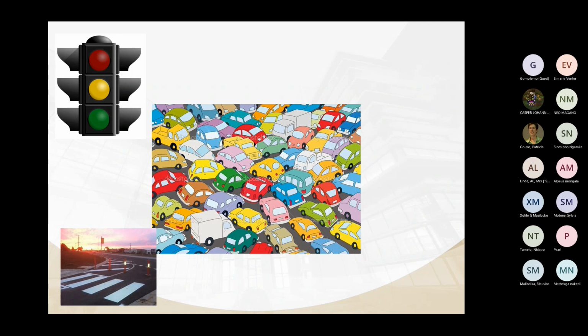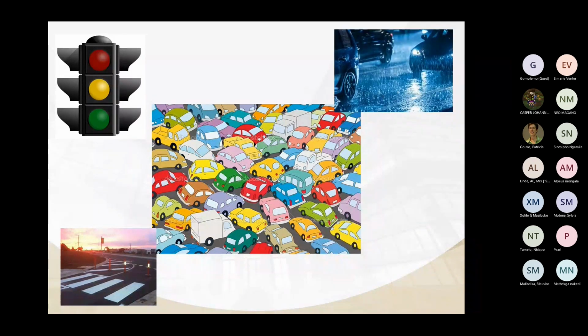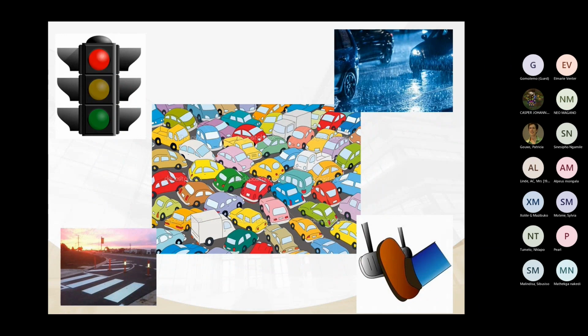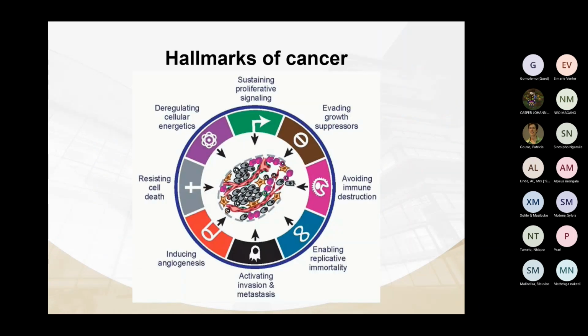Maybe they are not very visible, or it could be the weather conditions, it's rainy, it's slippery, or the brakes of the cars are not working. So, in the same way, we now understand that cancer is not only caused by that genetic mutation, but there are various other mechanisms that are occurring in the body that support the growth of cancer.